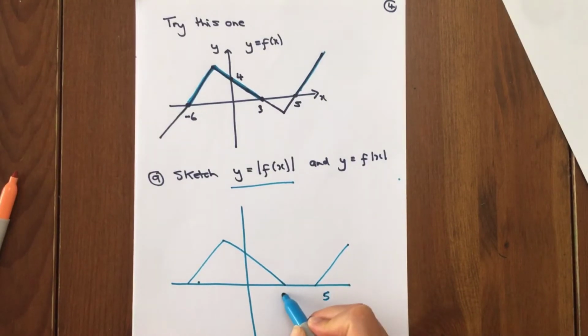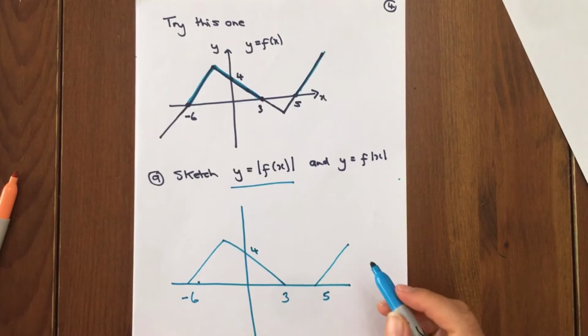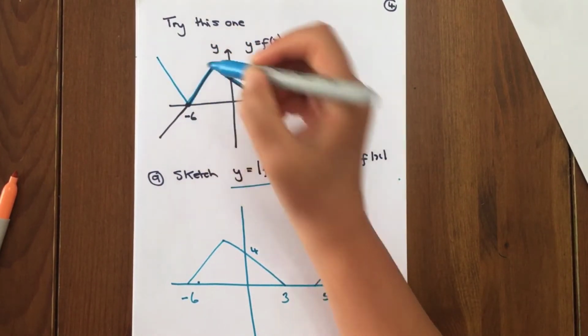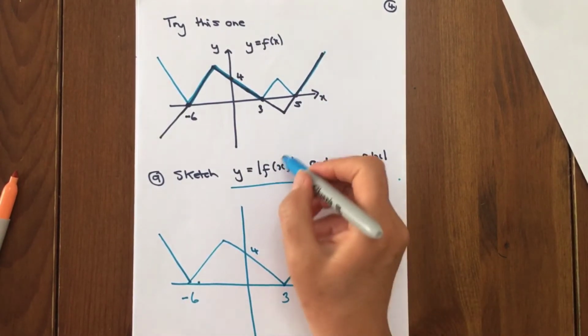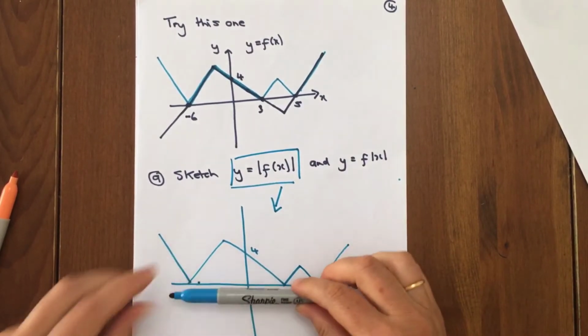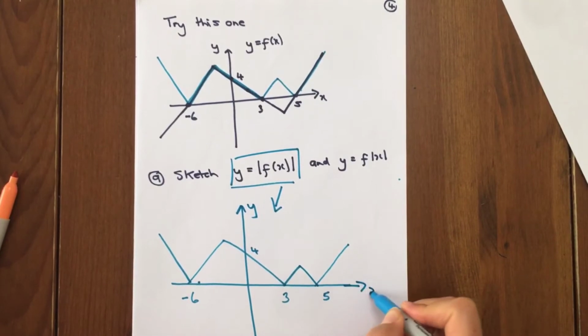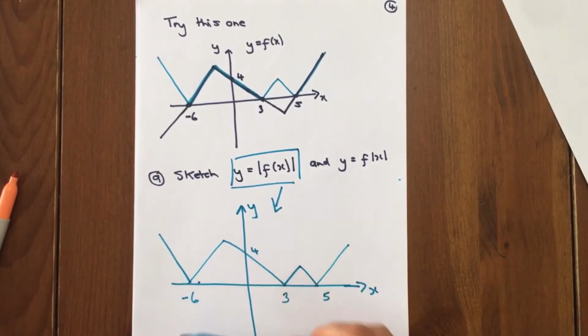That's 5, 3, -6, 4. And everything beneath the x-axis will flip. So this is the end answer. You can see I've only got positive y values for all values of x. My graph has no negative y values.